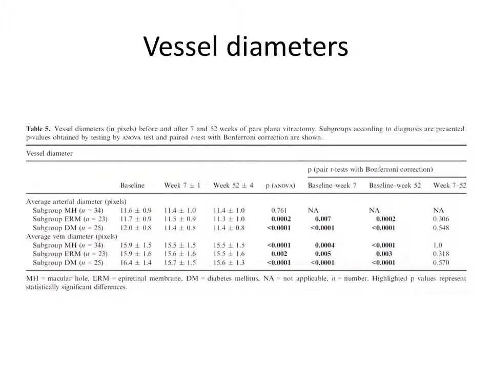And the last thing we evaluated in our study was vessel diameter, because, as has been shown before, the diameter of the vessels indicates the status not only of the saturation of the retinal vessels, but also of the retinal tissues. And in all cases here you can see that there is a slight decrease. The only exception is the macular hole.